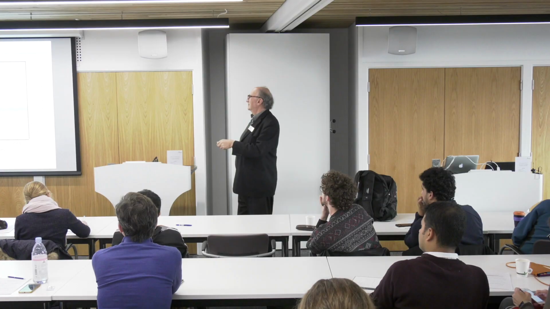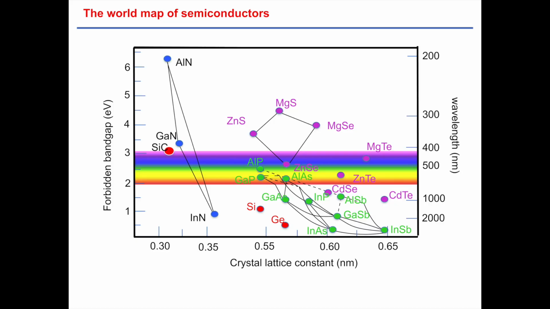I won't discuss how we got to efficient light emission from nitride. For that invention, Nakamura, Amano, and Akasaki got the Nobel Prize in 2014, so this was a major breakthrough. But I want to discuss how we can model the properties. You see that if we take pure materials, gallium nitride or indium nitride, we don't get visible emission.